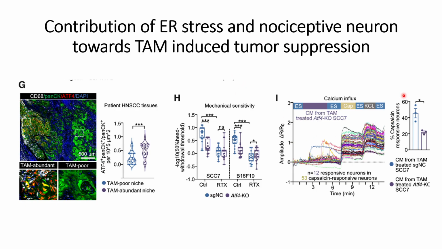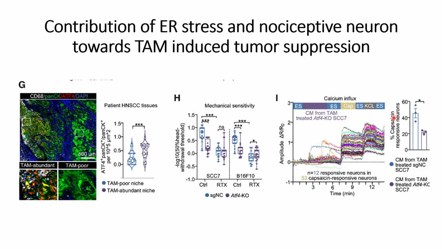In the results, they are able to see that the capsaicin-responsive neuron or calcium influx is significantly reduced in the ATF4 knockout conditions compared to the nociceptive neuron knockout conditions. So overall this indicates that the contribution by the ER stress is significantly higher compared to the nociceptive neuron toward this TAM-induced tumor suppression.